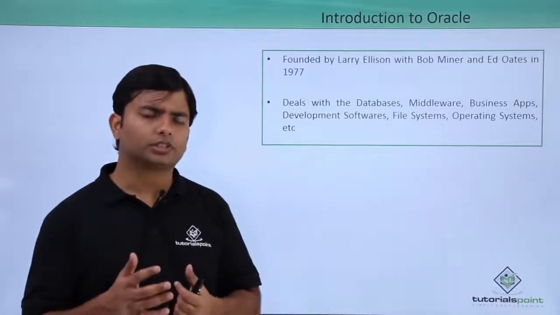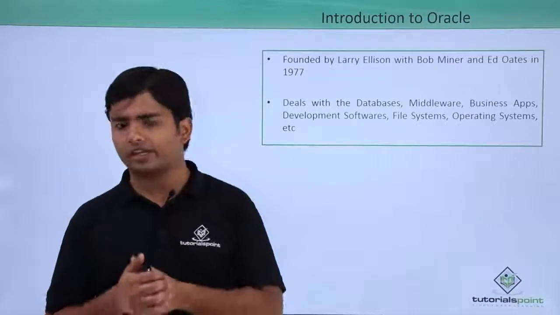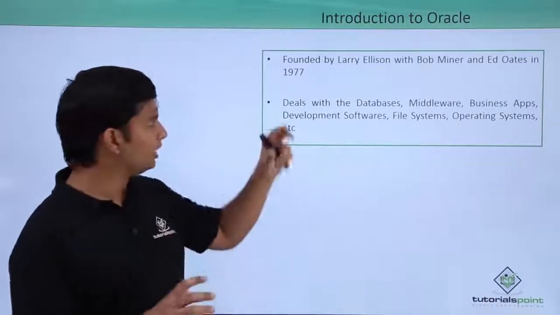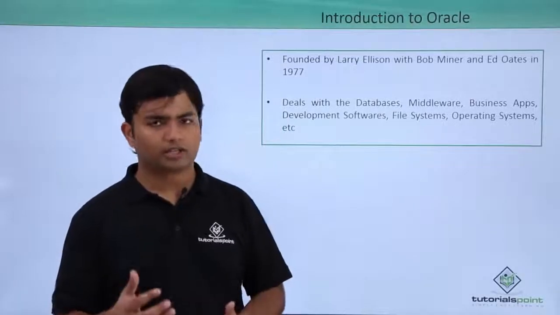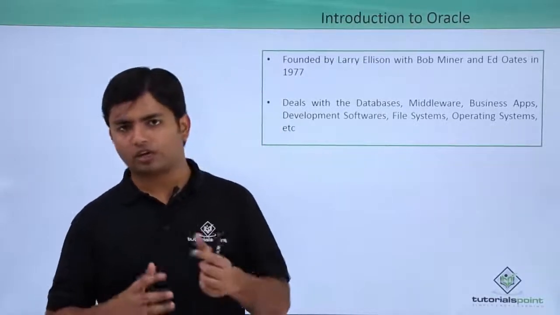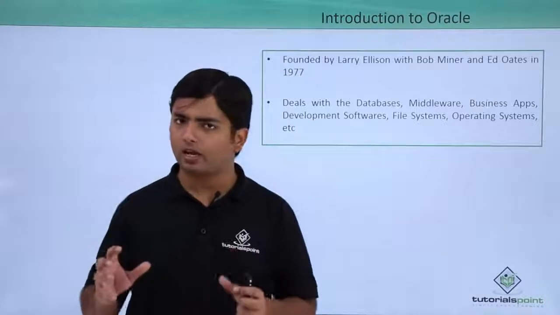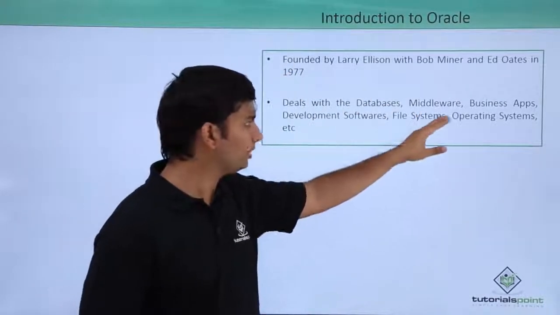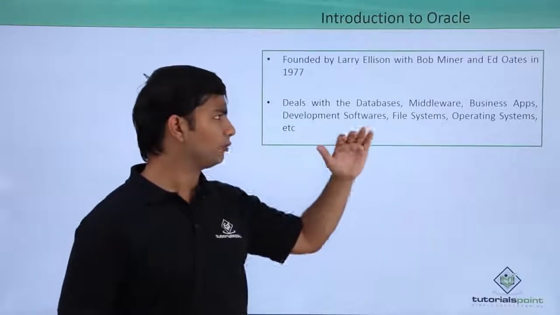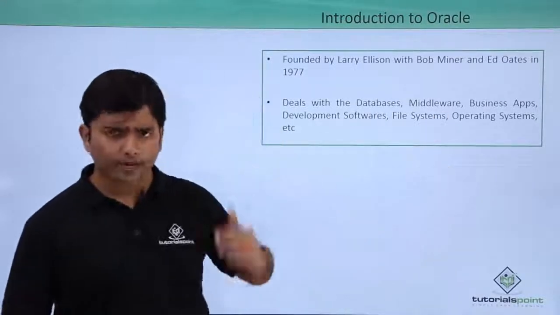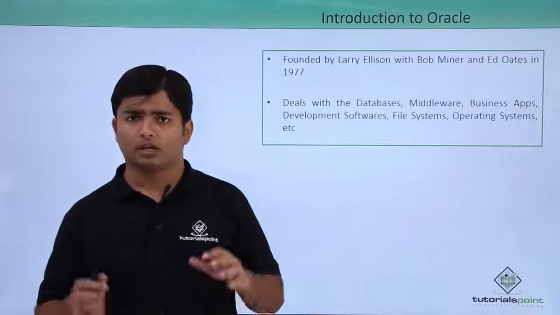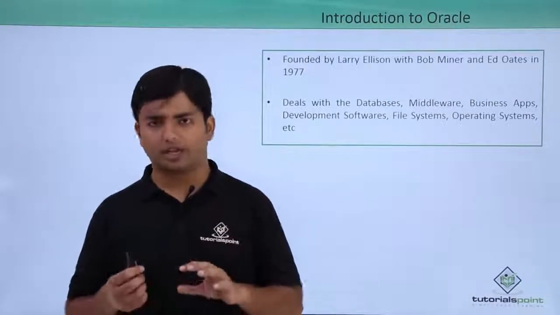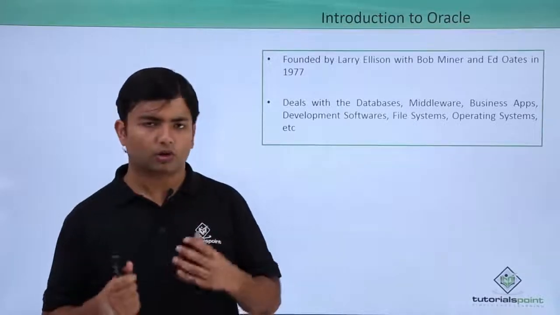Basically, he was working on the RDBMS rules written by E.F. Codd, and the product which he created, he named it Oracle. Later, he founded an organization with the same name, and nowadays Oracle deals with the databases, middlewares, business apps, development software, file system, operating system, and so many more things. But as I said earlier, database is the first and the vastest product of Oracle.